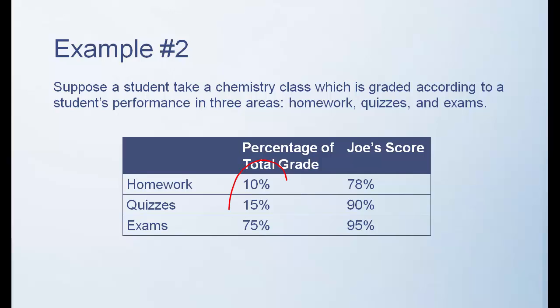So the grade is going to be 10% of the homework grade, 15% for the quiz grade, and 75% for the exam grade. And a generic student, Joe, happened to get these scores right here throughout the semester. The chemistry professor then, or the TA, is going to compute the grade using the weighted average that we talked about.